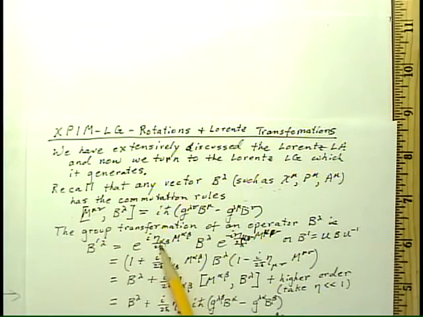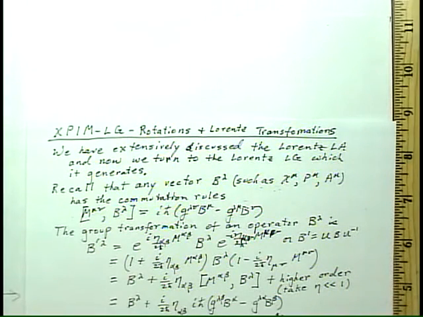The 2 arises from the fact that eta alpha beta contracted with M alpha beta has two terms, one when this is in one form, and one when it's in its symmetric or reversed form. So we must take 1/2 of that in order for eta to have a more meaningful interpretation. Symbolically, we're saying B prime is equal to a transformation U, B, U minus 1.